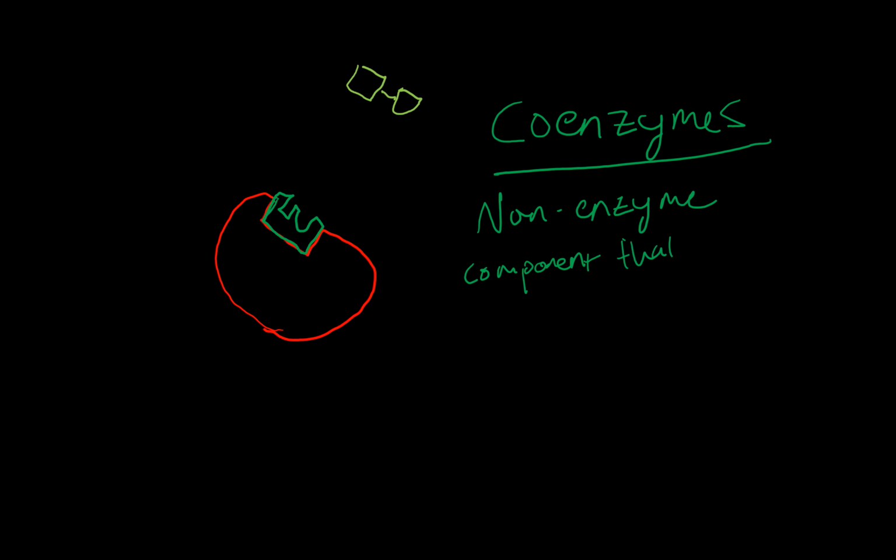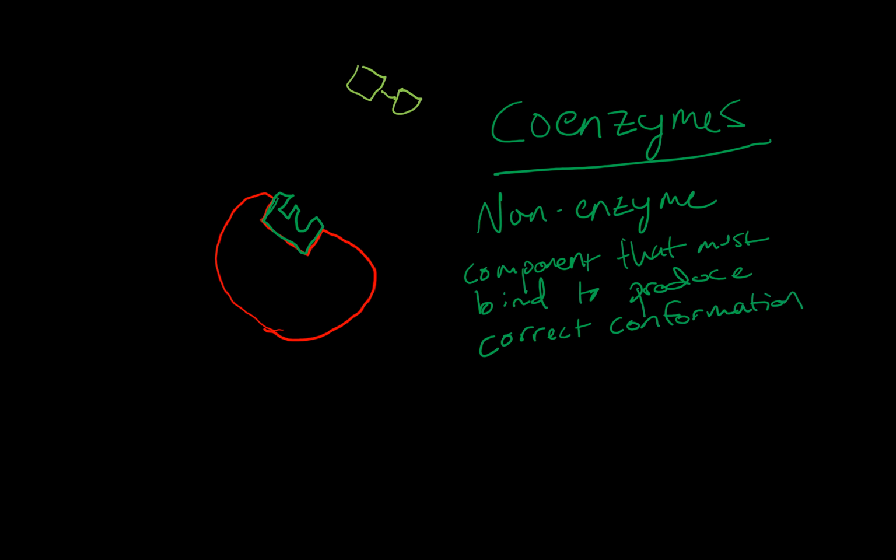That must bind to produce the correct conformation. So, without the coenzyme, the enzyme cannot bind to the substrate. So, in this case, our enzyme activity can be regulated by whether or not we've got our coenzymes made. So you can produce the coenzyme, and that will govern the reaction.